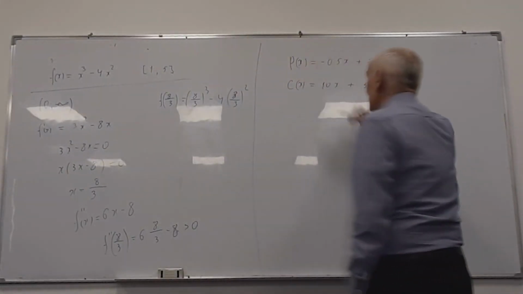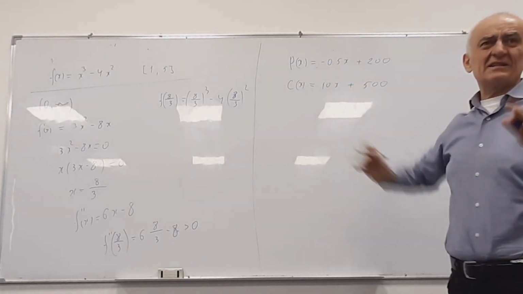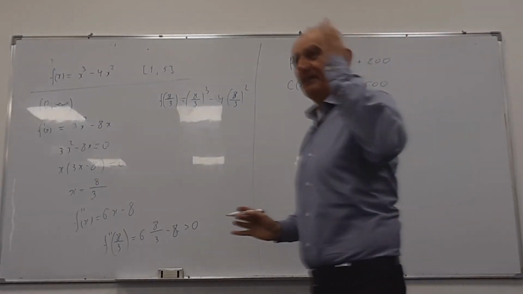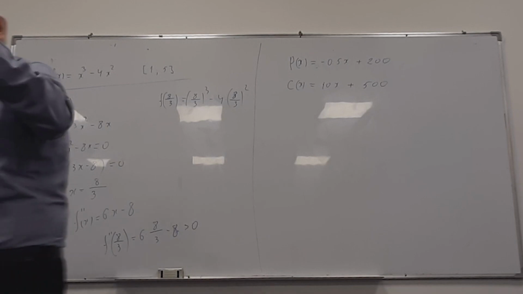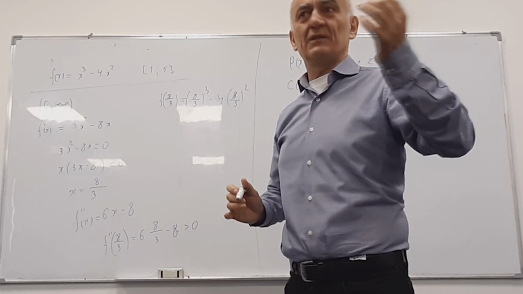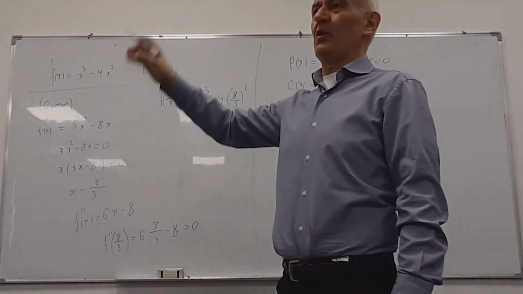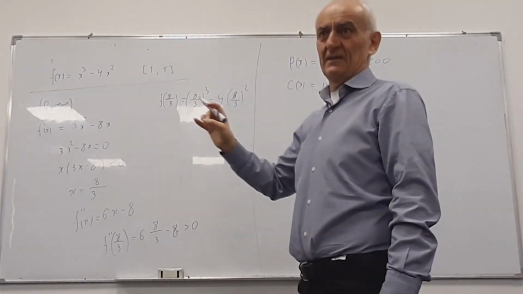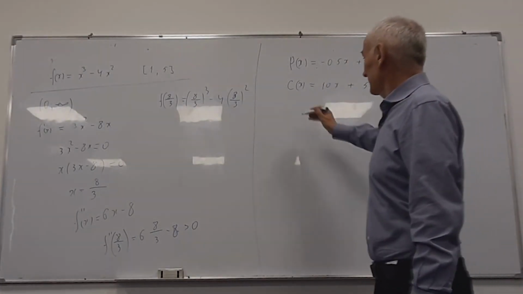So this is the price p, and x is just the quantity. How do we find profit? First of all, profit is the difference of revenue and cost. From the revenue, we subtract cost, and this is the profit. But what is the revenue?